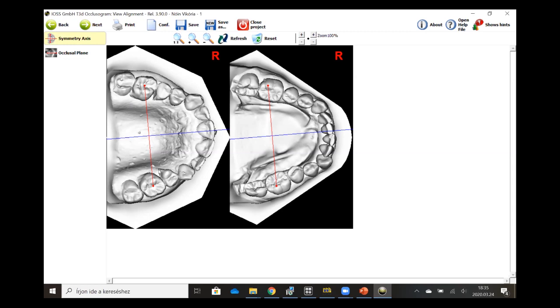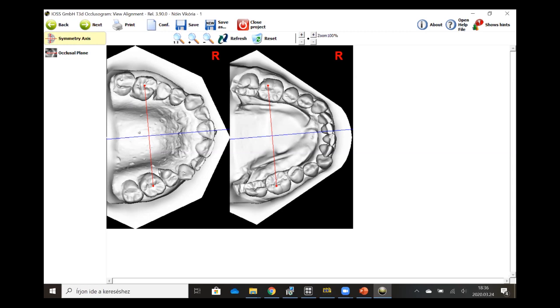So the meaning of the symmetry axis is not that they are okay. It means they are symmetrical. So either they don't move, both of them, or they move symmetrically: symmetrical expansion, symmetrical contraction, going distal or mesial the same amount. The only thing that could happen asymmetrically is a rotation, but besides that, it's the same.